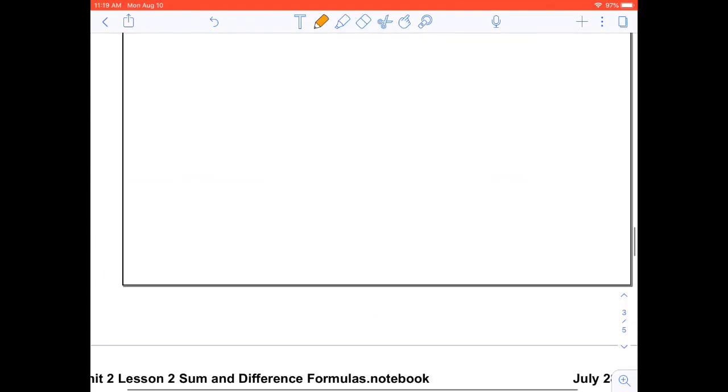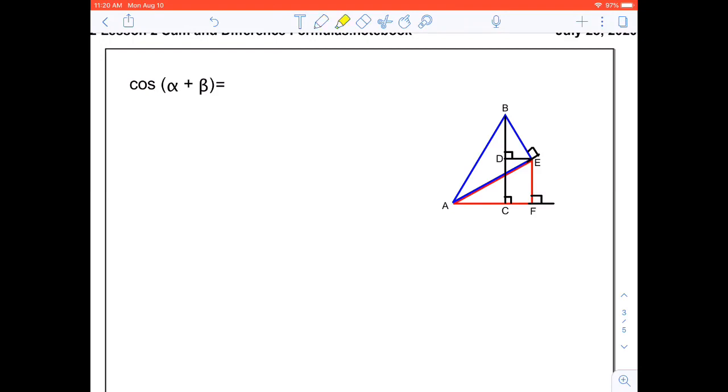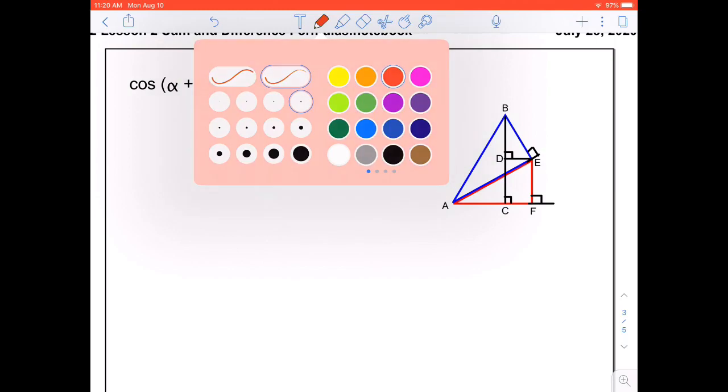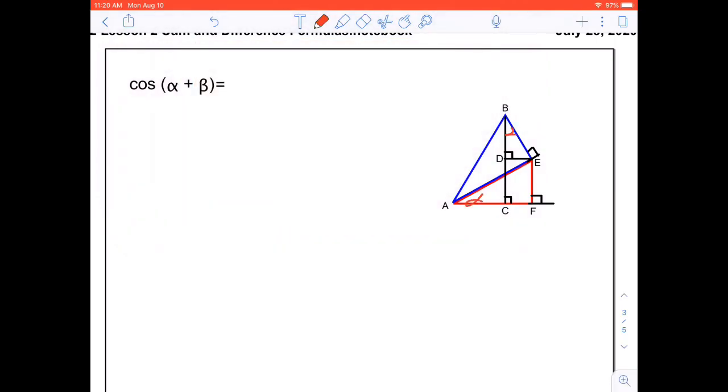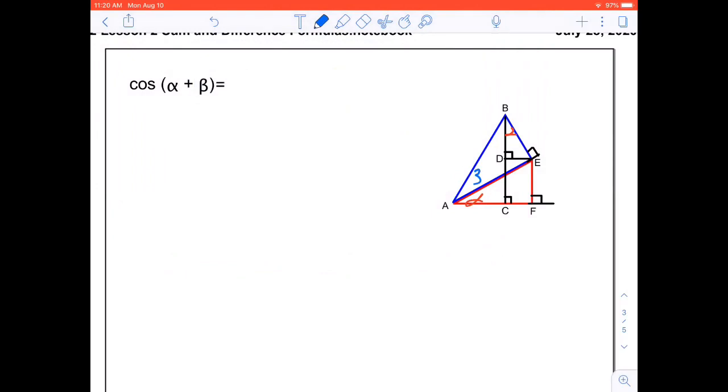So now let's do cosine. All right, when we do cosine, we've already established that that angle is alpha. Here's my beta. All right, so let's talk about the sum of the cosine.